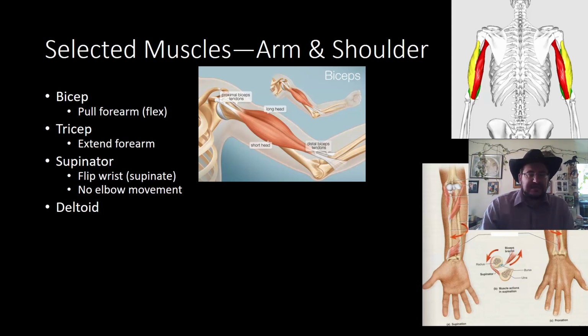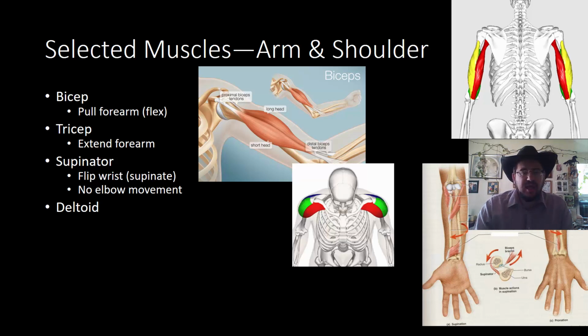Then there's your delts. Your deltoids attach up along your clavicle, your collarbone, and also along your scapula, your shoulder blade. And they insert onto the humerus. So, origin, insertion. Remember, insertion is the bone that's getting pulled around. So they're going to move the humerus.